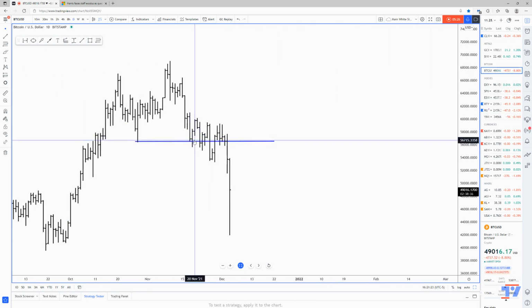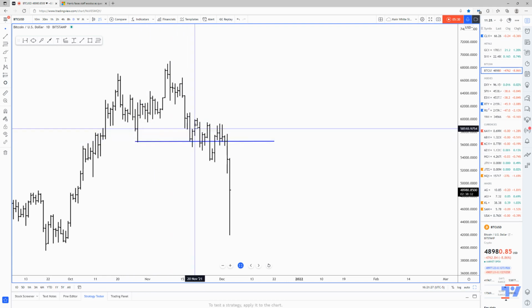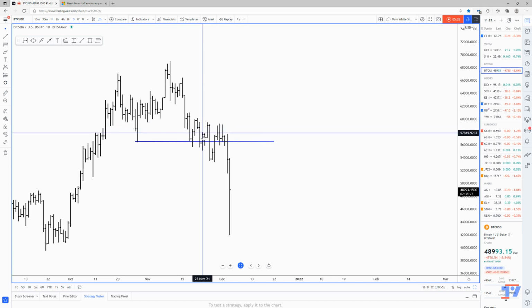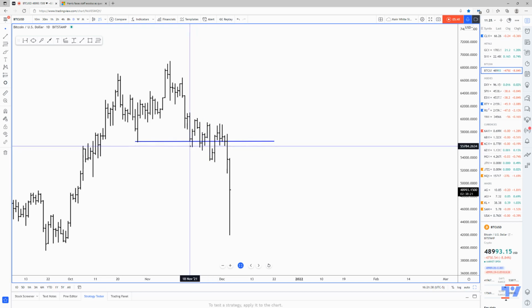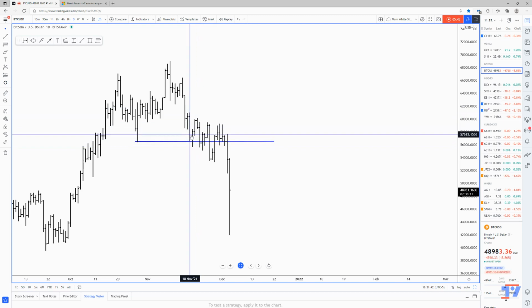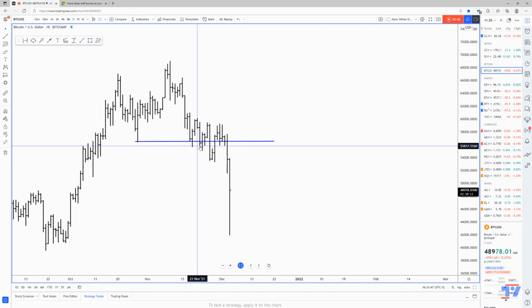So it finds buyers, and I would be buying here if the market does this. Then what does the market do? It trades, makes a new low. And then what does it do? It'll be an extension. It doesn't look like a 1.272, but it might be. I don't want to trade every swing, but it's probably just a double bottom.